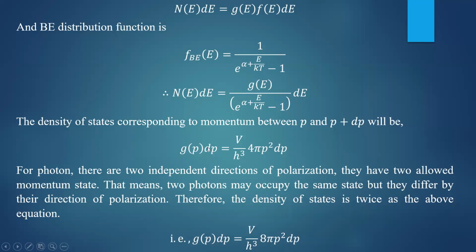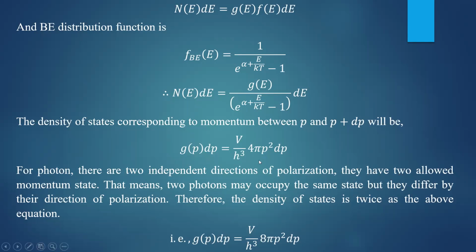So the actual number of photons accommodated is equal to 2 times the density of states here. So you have to multiply it by 2, because you can find two photons with opposite polarization, different direction of polarization, in a given state. So these are the number of available states. g(p) dp represents the number of available states.